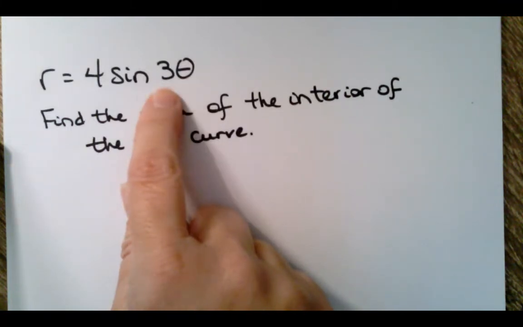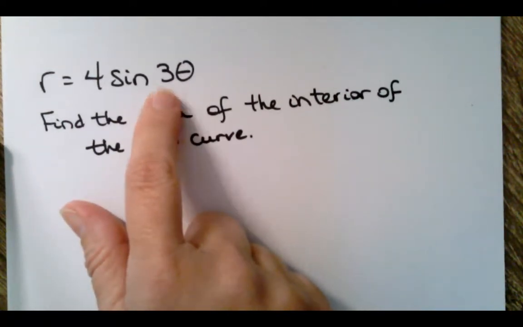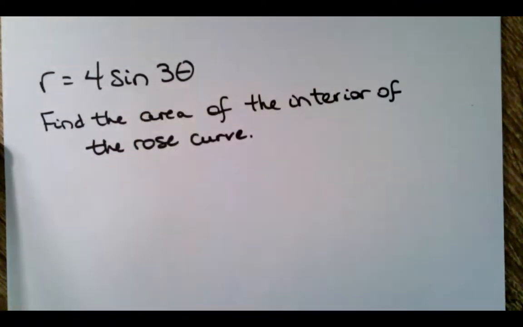If that number was even, then the number of petals on the flower is double. And if you remember what happened when we graphed this, we graphed from 0 to pi and it completed the rose curve. And then as we went from pi to 2 pi, we just graphed again on top of the curve. So there were actually 6 petals, but they were on top of each other.